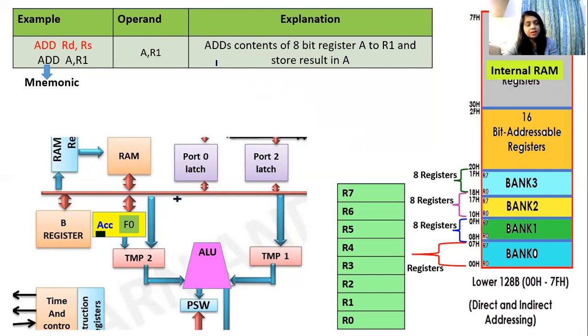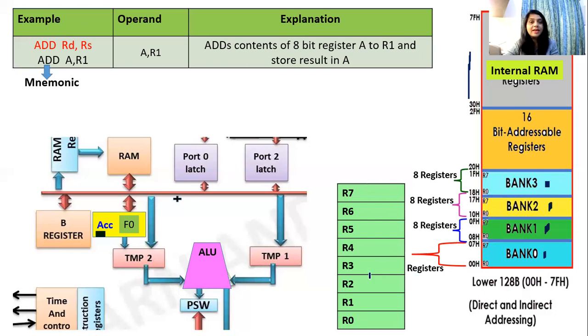Where is this R1? This is the internal memory organization of 8051 microcontroller. In this memory organization, there are 4 register banks, that is bank 0, bank 1, bank 2 and bank 3. In each memory bank, there are 8 registers named from R0 to R7.